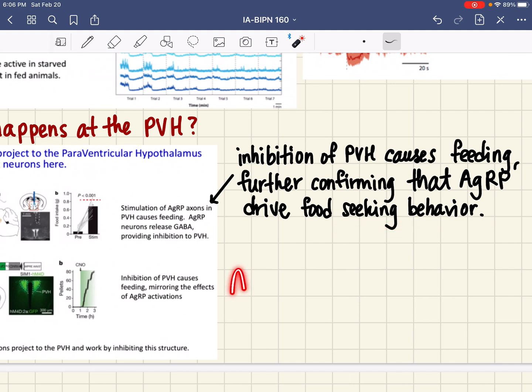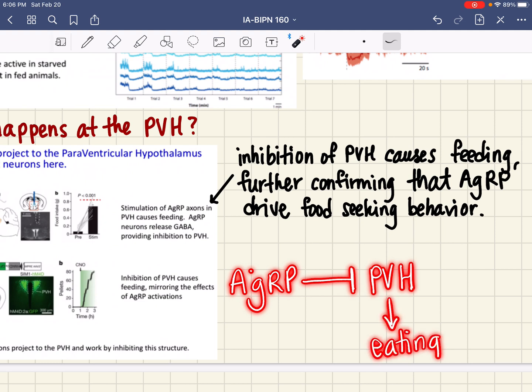Because if you think about it, if AGRP inhibits PVH, right, and this causes eating, right, then AGRP must have been activated to inhibit PVH. So if the manual inhibition of PVH activates eating, then we know that activation of AGRP must also drive eating or food-seeking behavior. Okay.